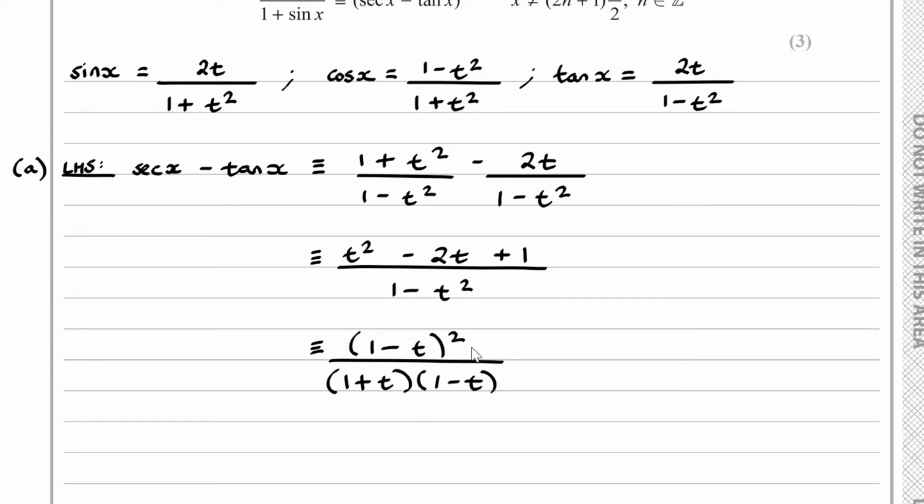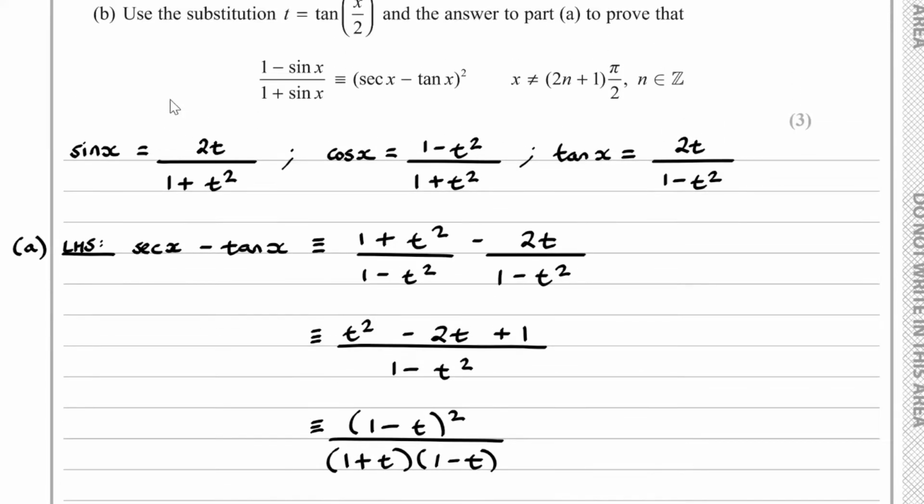Hopefully you can see that the 1 minus t cancels on the top and the bottom. Indeed, we are left with (1 minus t) over (1 plus t), which is the result we wanted to show.